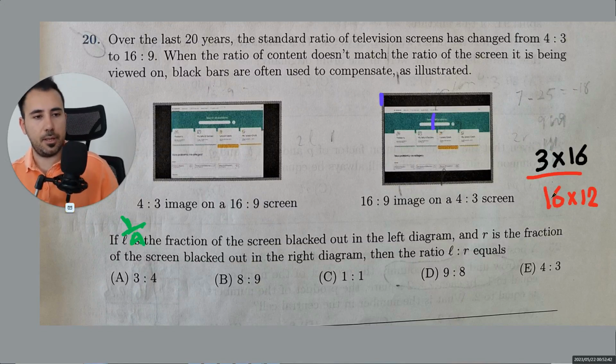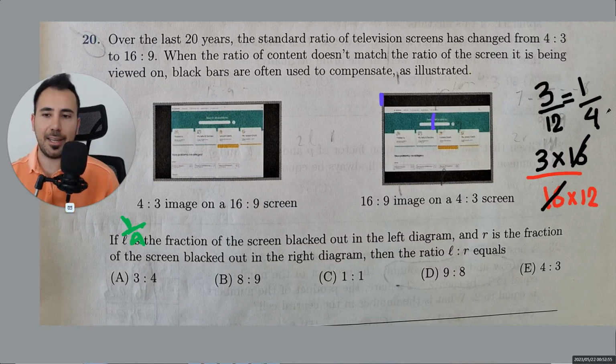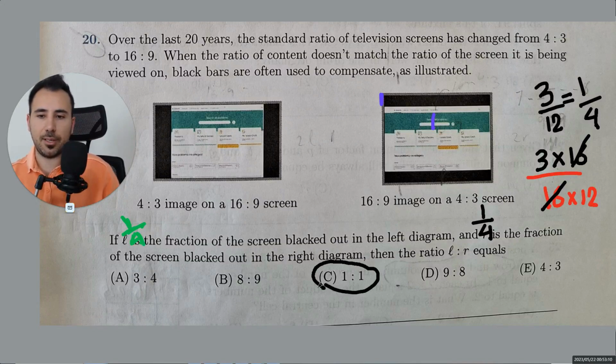As you see, this and this is canceled. It's going to be the same as 3 over 12. So simplify them both. It's going to be 1 over 4. Again, so L is 1/4, R is 1/4. So what is the ratio of this? 1 over 4th divided by 1 over 4th is going to be 1 and 1.